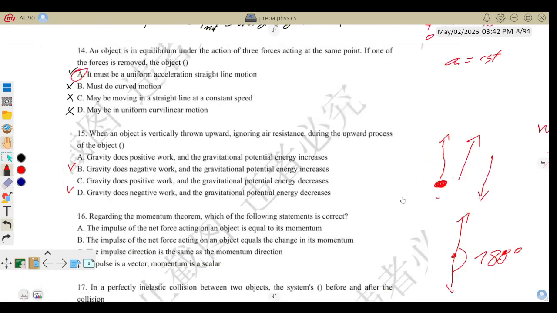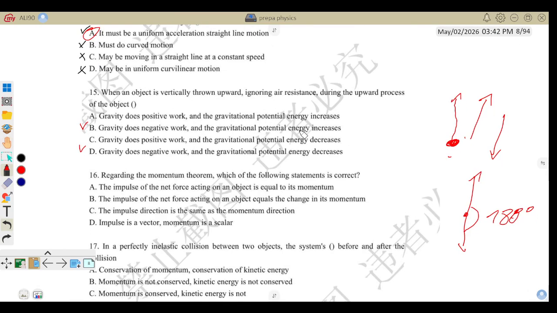So between these two options, potential energy increases or potential energy decreases. Finally, we can choose B. The gravity does negative work because the directions are opposite, and the potential energy is increasing because we are increasing the altitude of this object.